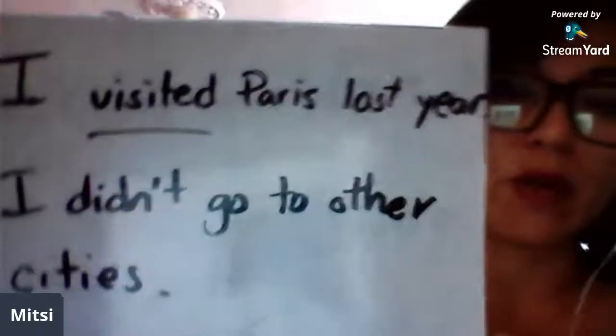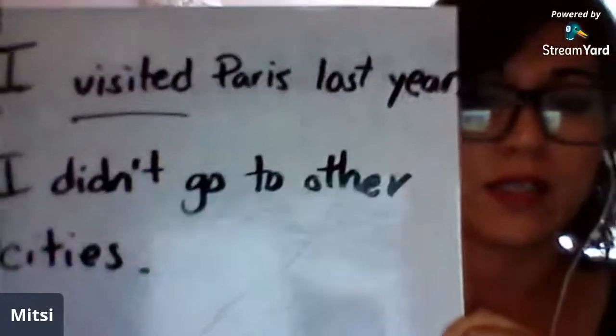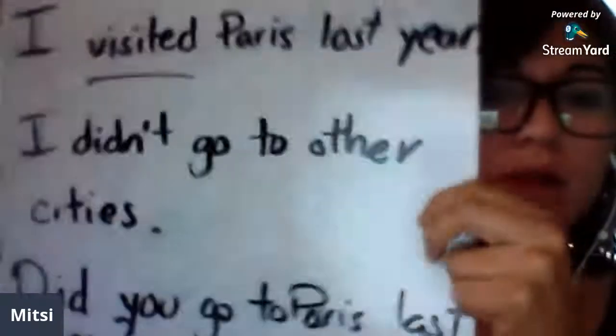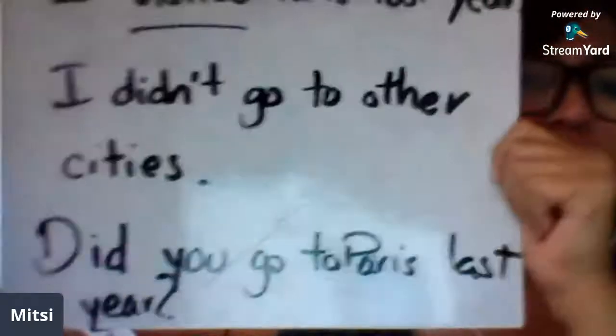If you want to make a question, then you will use the auxiliary did at the beginning. Did you go to Paris last year? If you use a question in your narrative, it can be possible to use a question.